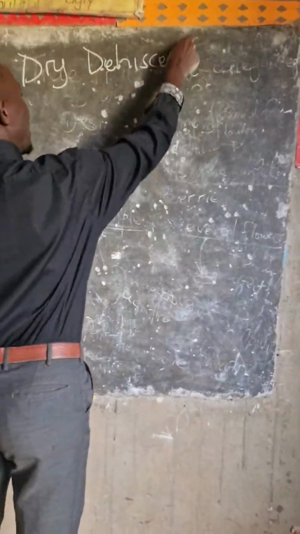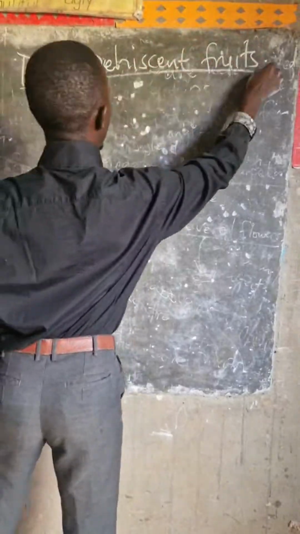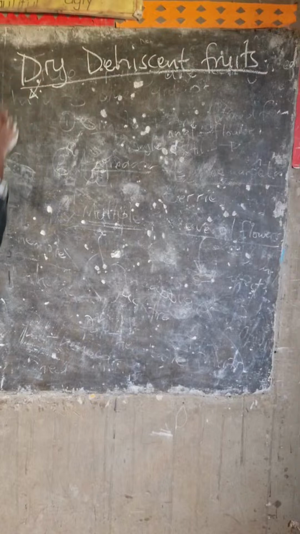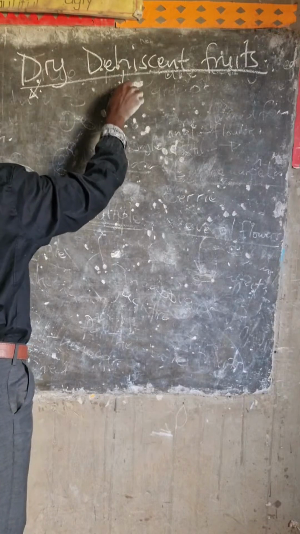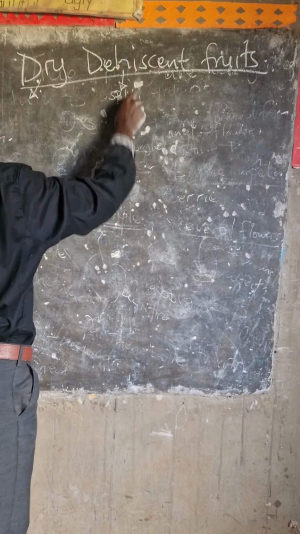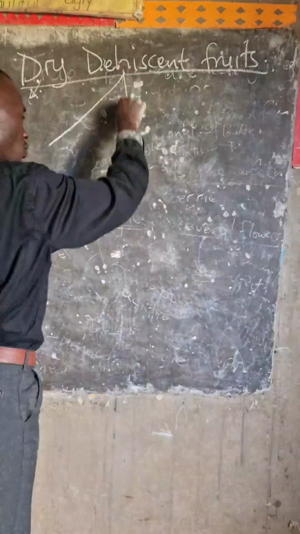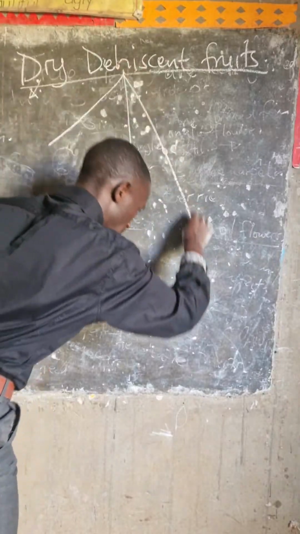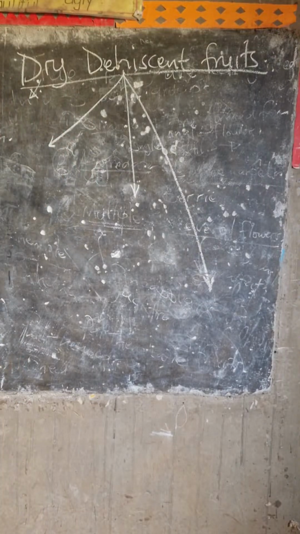So let us look at the dry dehiscent fruits. We've said they are dry because the pericarp dries up as the fruit ripens, and we've said they are called dehiscent since they split to open along lines of weakness. They are grouped into categories, and these categories are three.